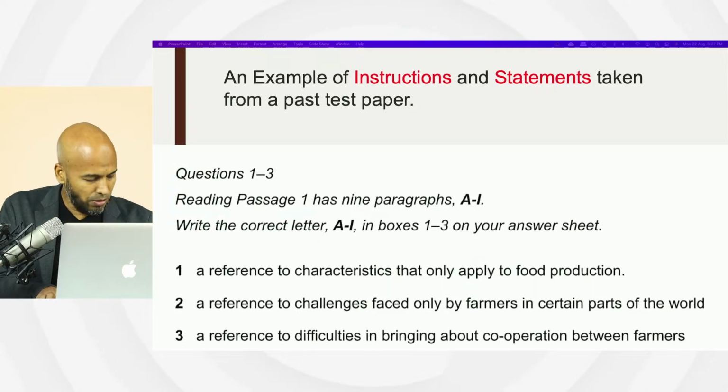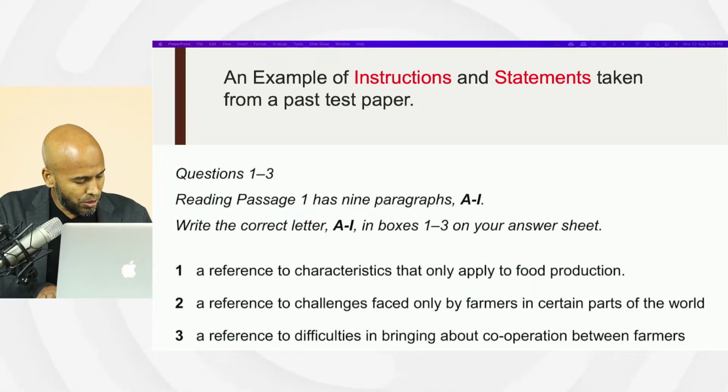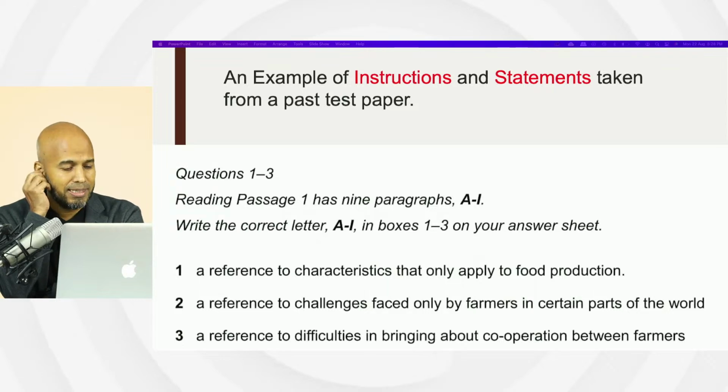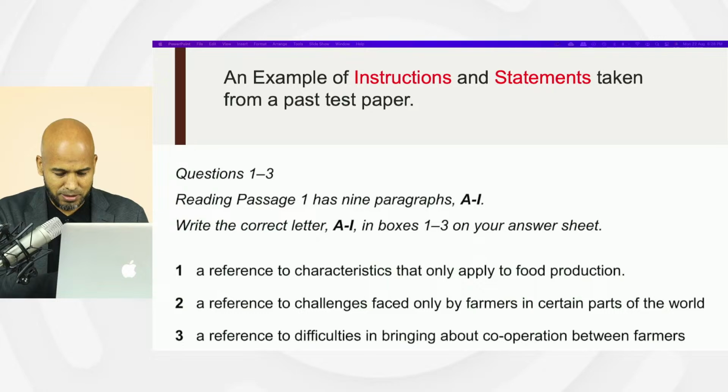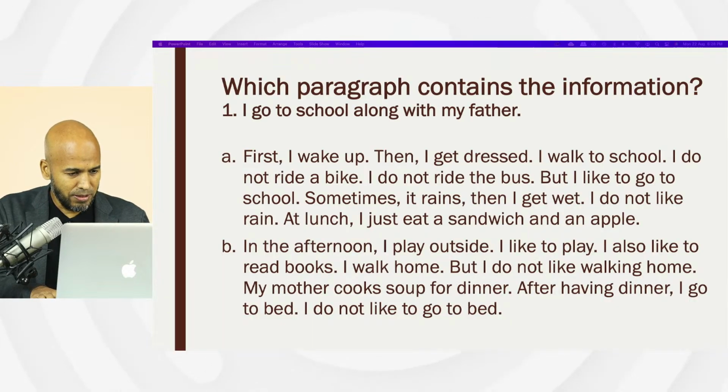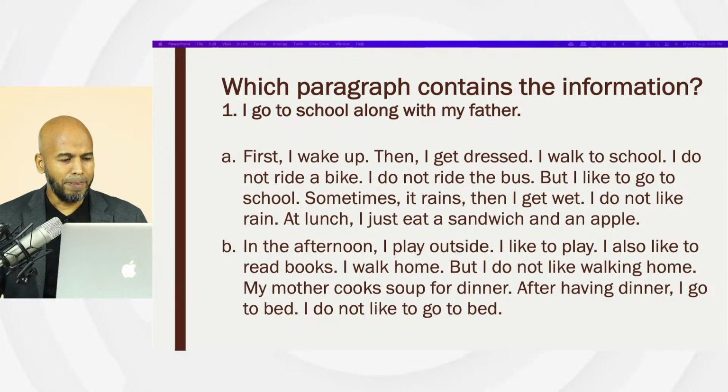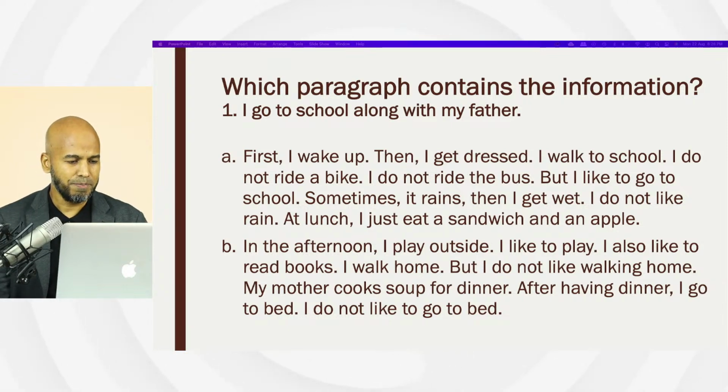So if you have a question, this is how the instruction looks. Now it is a bit more difficult than the previous one, I guess. So let's try with this.